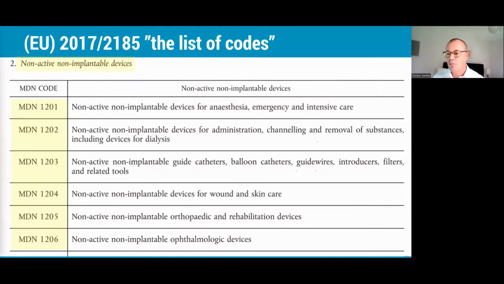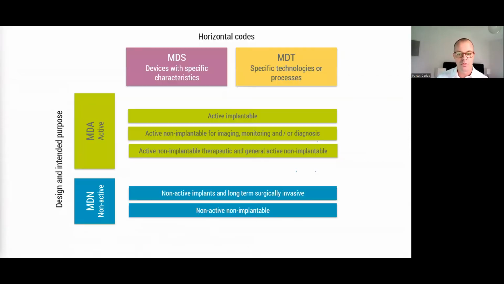And the other MDN group then is non-active non-implantable devices. This group has actually 14 categories in it. So here you only see the first 6. So this is basically where we find the rest of all medical devices that we can apply. So that was the MDA and the MDN codes. So you need to find one of those. I will explain a little bit more soon.